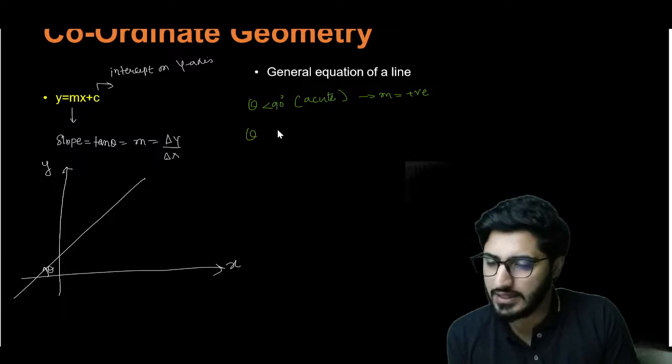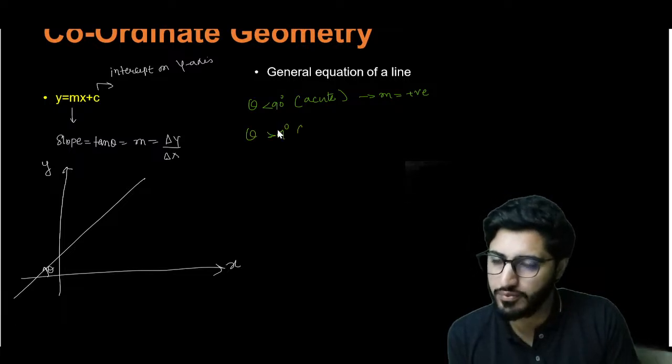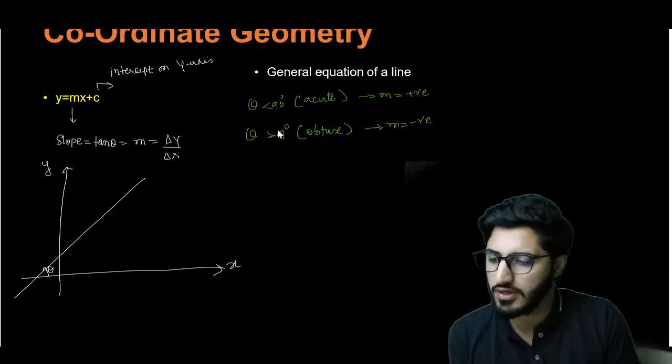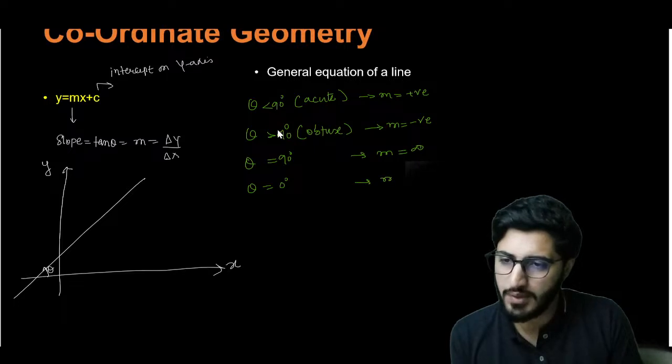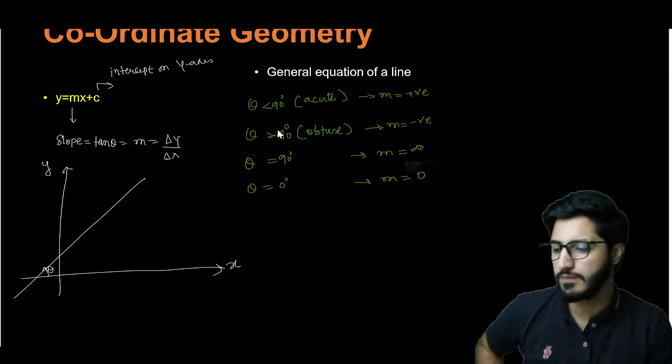So if my theta is greater than 90, that is obtuse, my m is also negative. If my theta is 90, that means a right angle, my slope came out to be infinite. If my theta is 0 degrees, my slope came out to be 0. Clear?